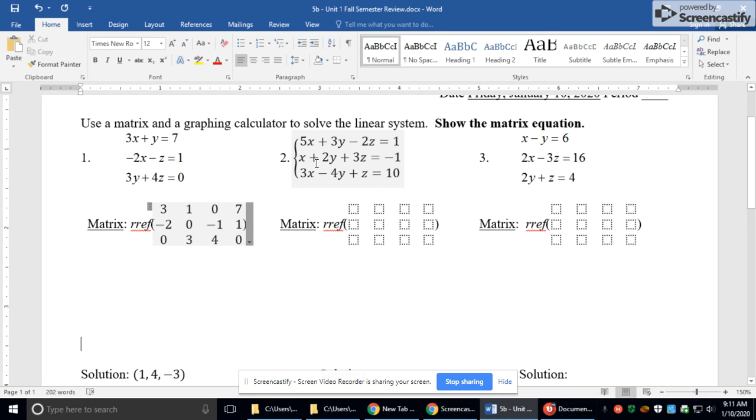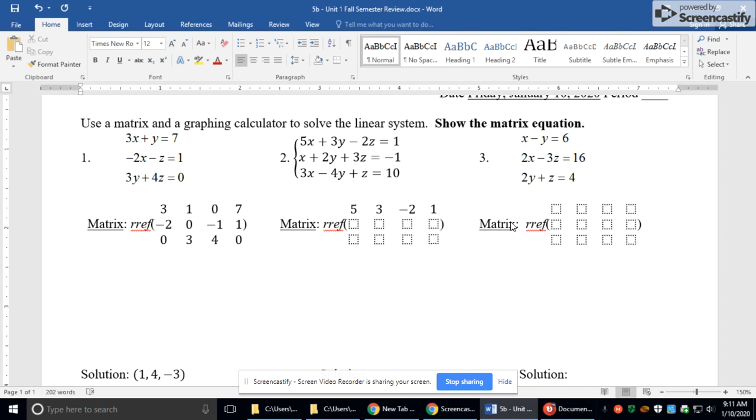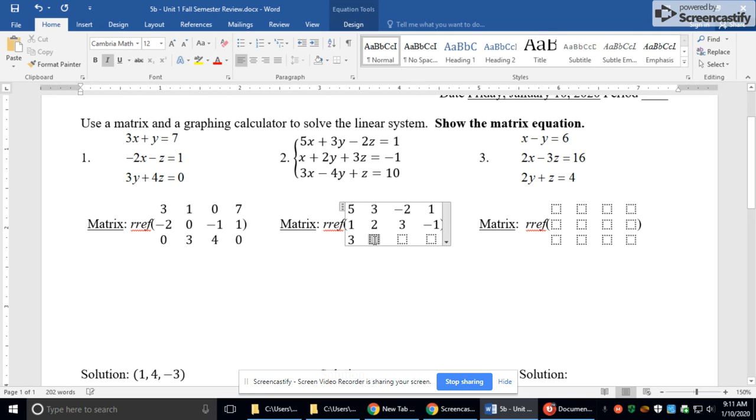All right, so I have 5x, 3y, negative 2z equals 1. Let me see if I can fix that. There we go. 1x, 2y, 3z equals negative 1. 3x, negative 4y, 1z equals 10. So this one's pretty straightforward. You didn't have to skip anything.